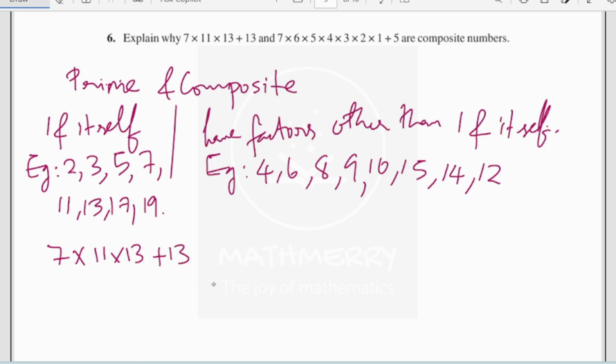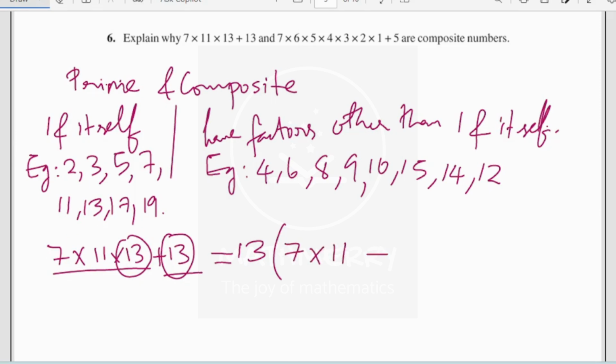If you observe here, this is one term and this is the second term. In both, we have 13, so we can take 13 outside. If we take 13 out, the only thing left is 7 into 11, plus, here, only 1 is the factor. So plus 1. We can write it like this.